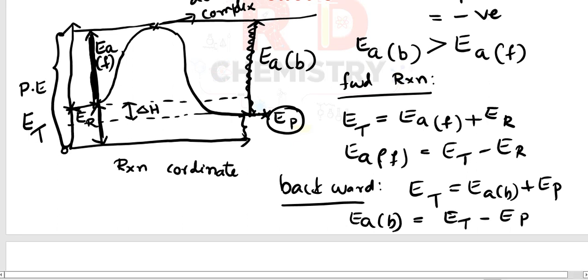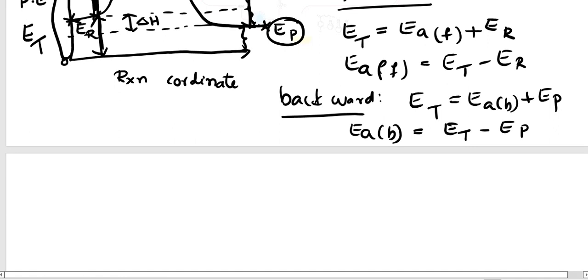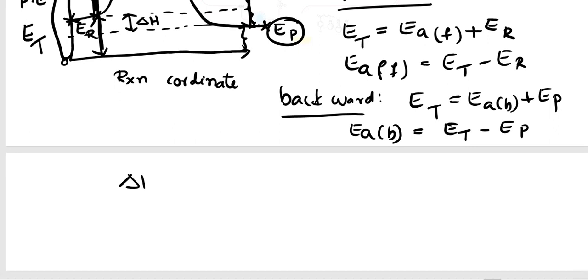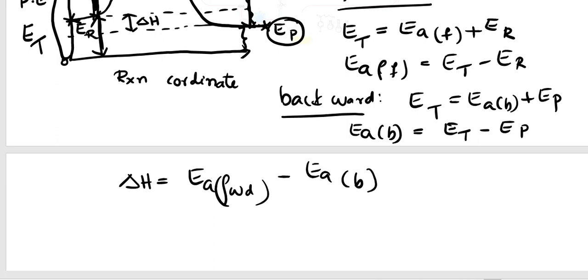Okay. Now, how to find delta H in general, other than the enthalpy of the product and the reactant? It is the energy of activation of the forward reaction, always remember, minus the energy of activation of the backward reaction.